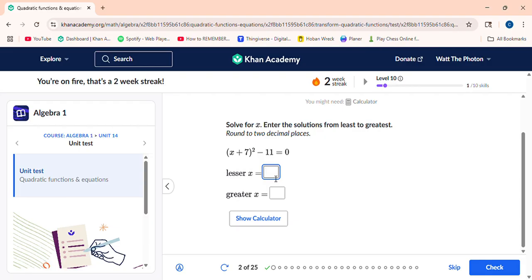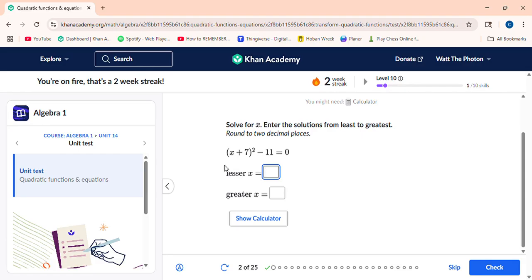So we can use Pythagoras, or was it the quadratic formula? We find x plus 7 squared minus 11 equals 0. I think that's what we're trying to find.